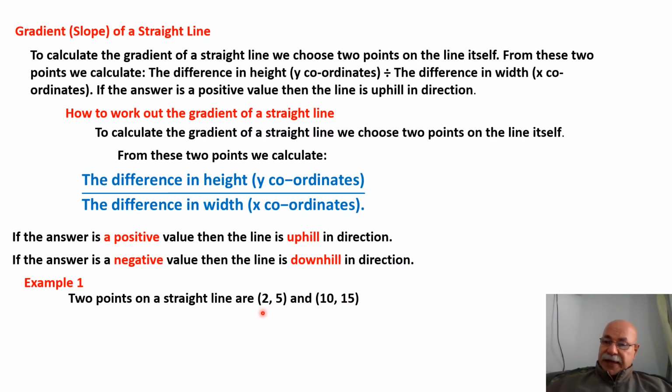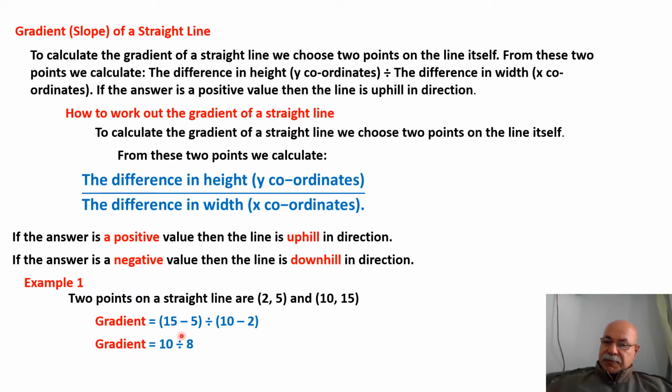The first number is always X, the second is Y: X, Y, X, Y. Now we use this rule in order to calculate the value of the gradient, which is m.